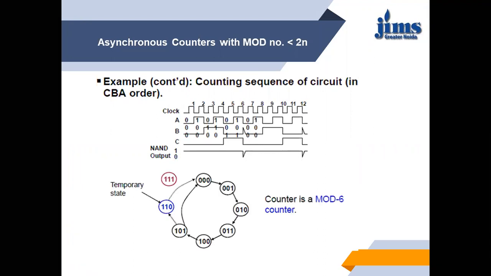In the same way, this is the mode 6 counter. It starts from 0 1 2 3 4 5, and whenever it goes to 6, it will reset to 0. The 7th state and 8th state, which is 111, is missing. Now this 6th state 110 is known as the temporary state. It will occur only for a microsecond or millisecond duration.